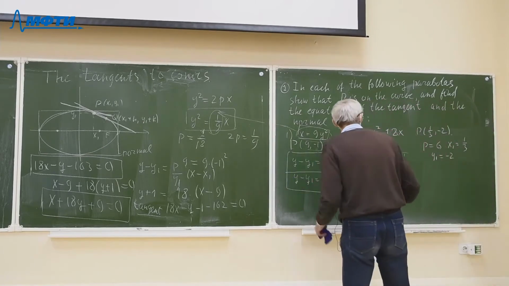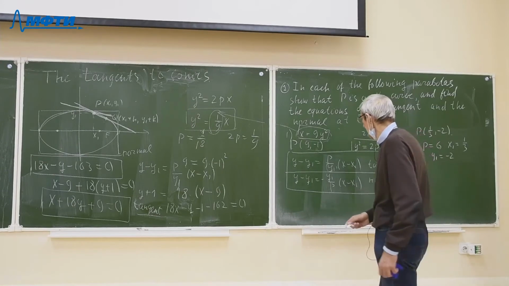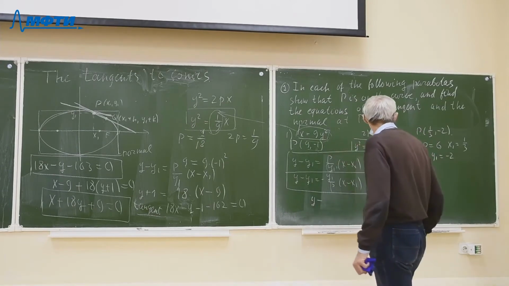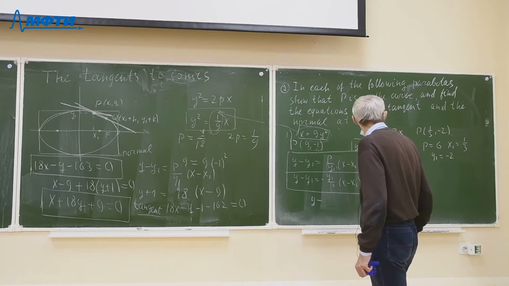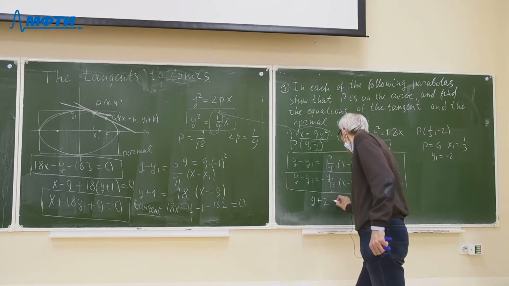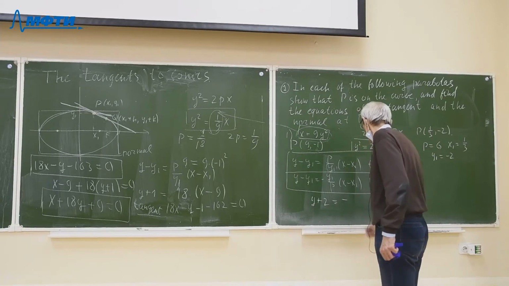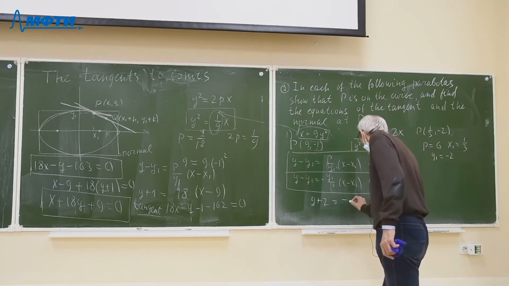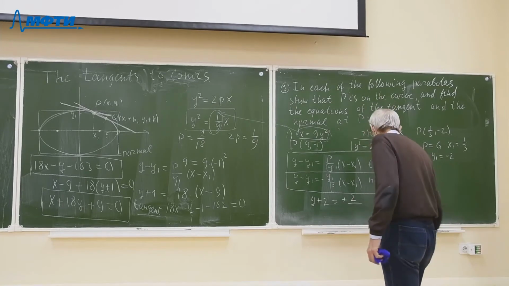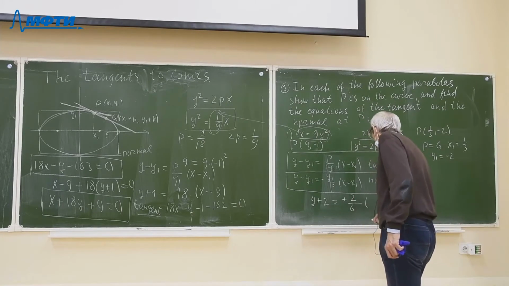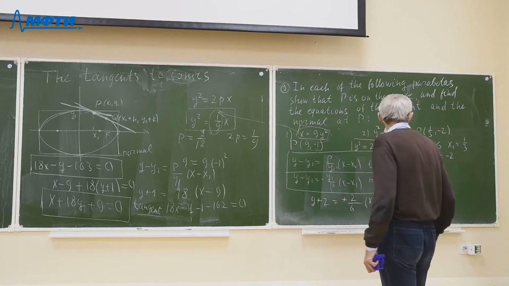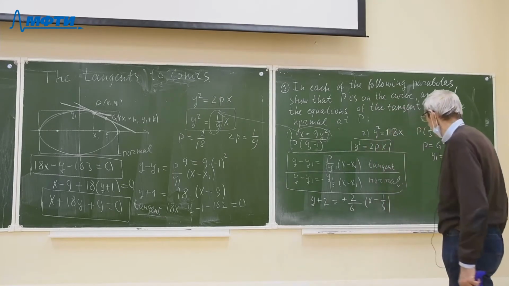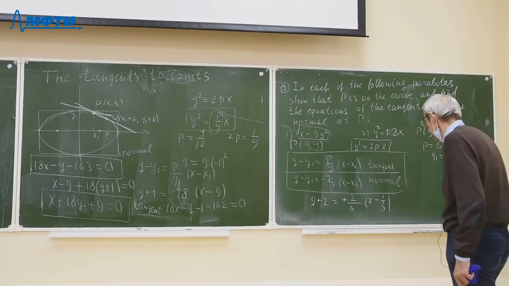And we can substitute these values in the second equation for the normal, and we obtain that y minus 2 plus 2 is equal minus 2 plus 2 divided 6 times x minus 1 divided 3.